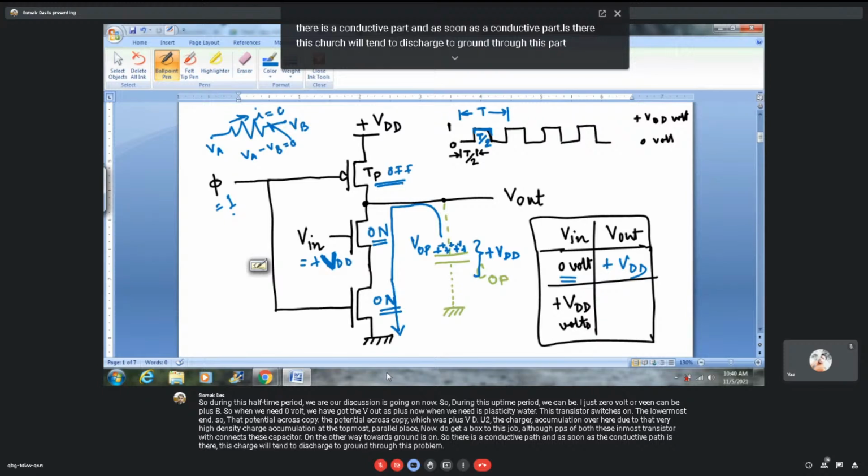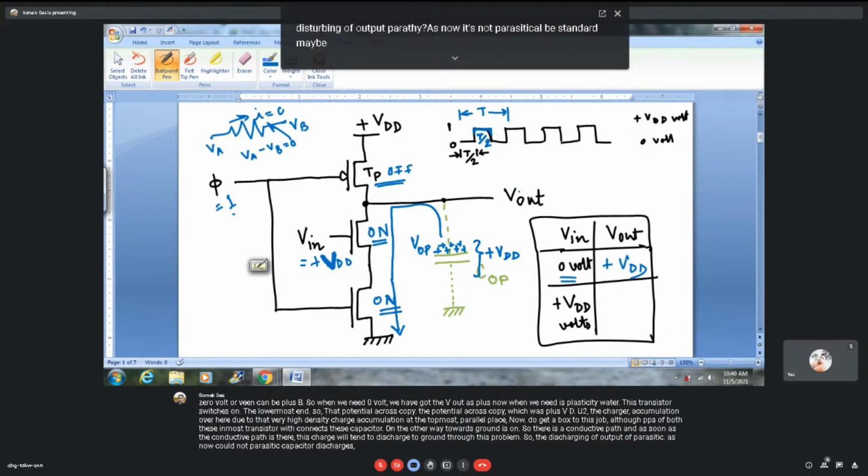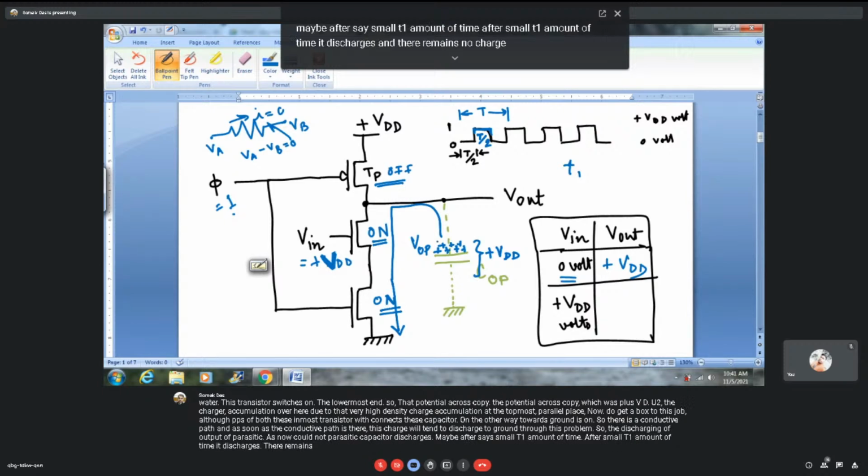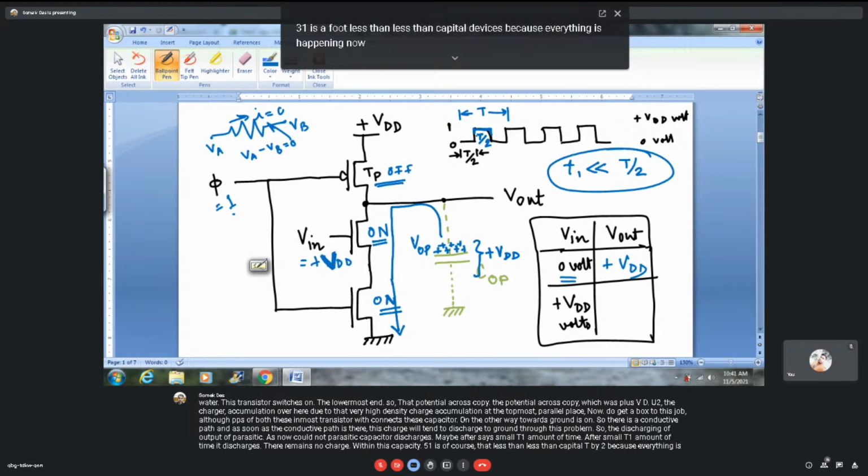So the discharging of the output node parasitic capacitor takes place. As it discharges, maybe after a small t1 amount of time, there remains no charge within this capacitor. So t1 is of course less than capital T by 2, because everything is happening within this capital T by 2 amount of time.